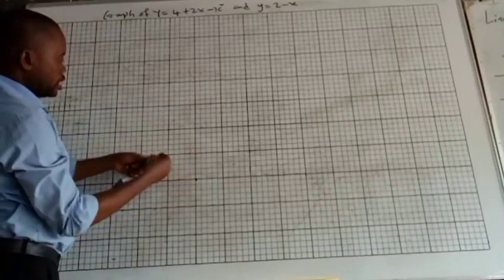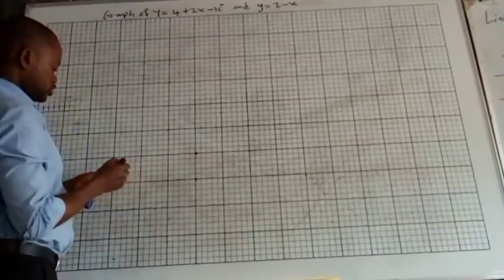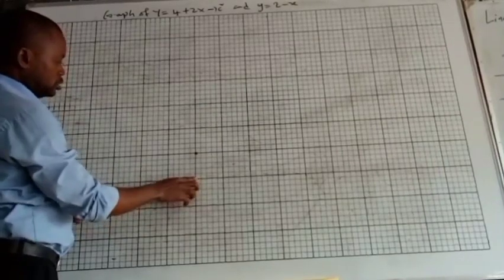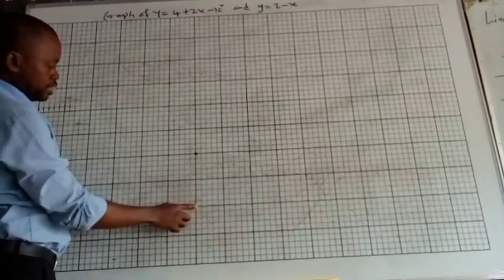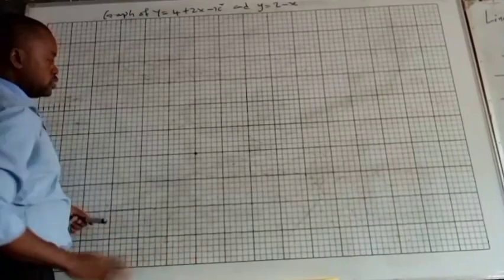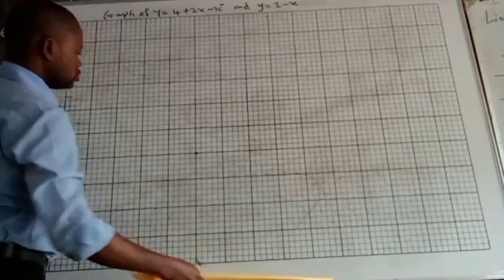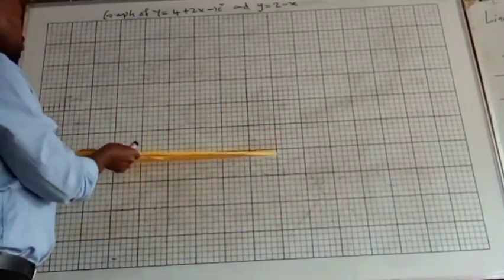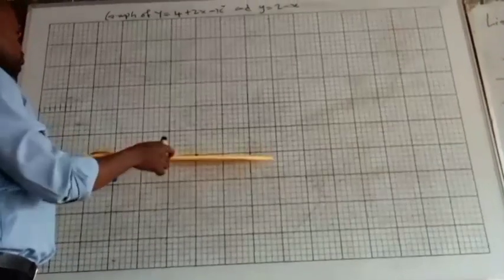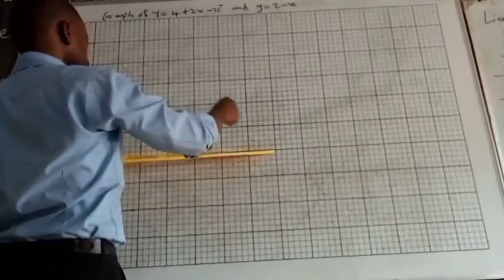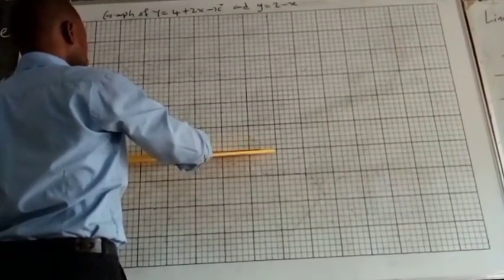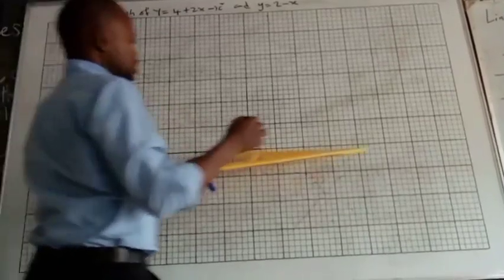So let's make here our origin, and not here, so that we have -2 and -4. I think that's okay now. Good. Thank you for that observation. Now we are going to share this graph as it is going to be.